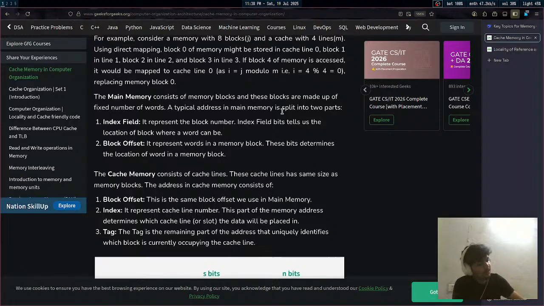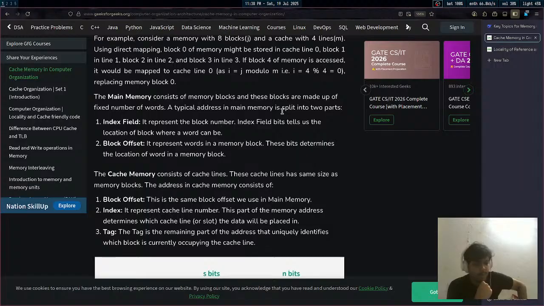I will write it somewhere: pages, blocks, words, for reference, just so I don't get confused again.